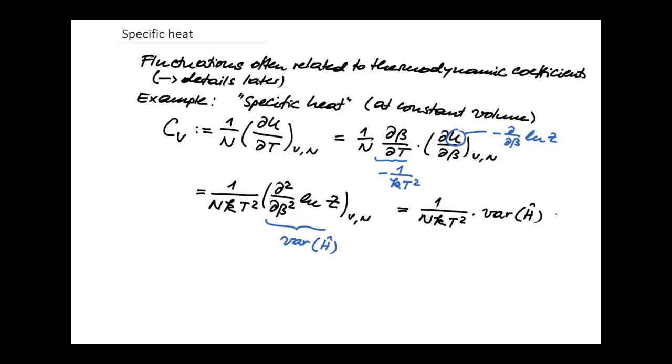And of course, we learned this is always non-negative. So in particular, the specific heat is also always non-negative. So we find that the specific heat is related to the size of energy fluctuations.